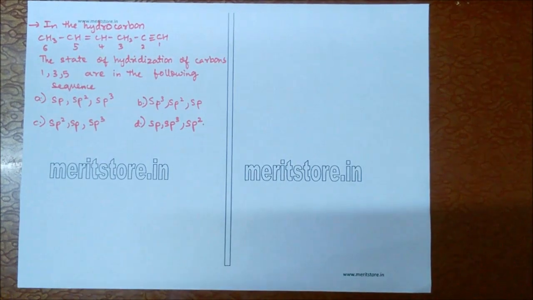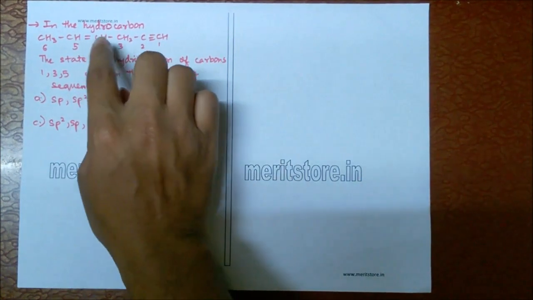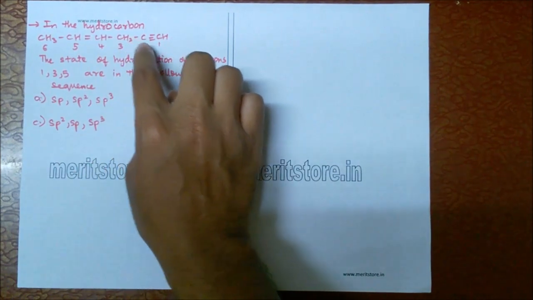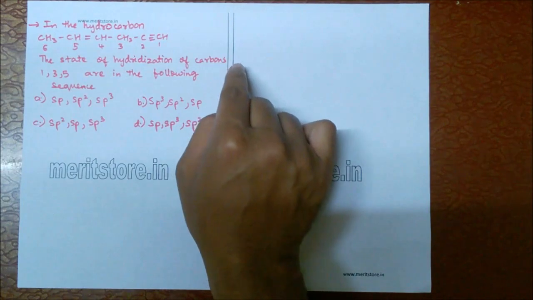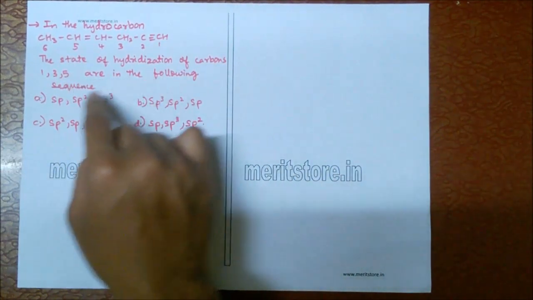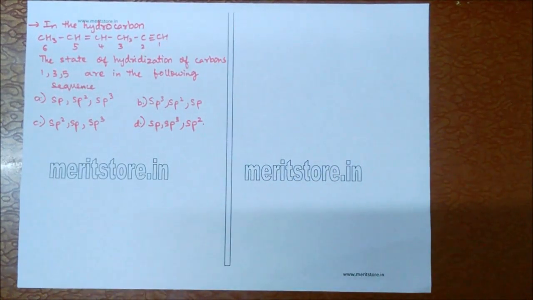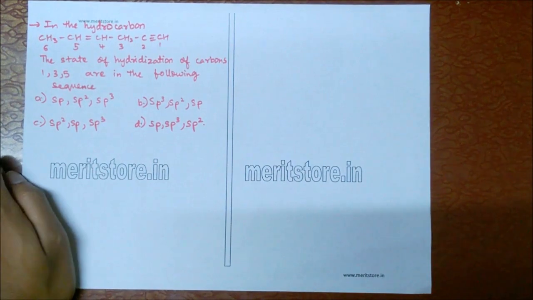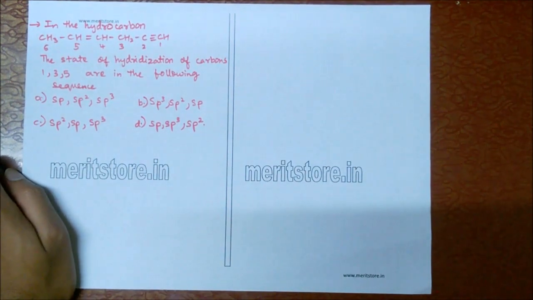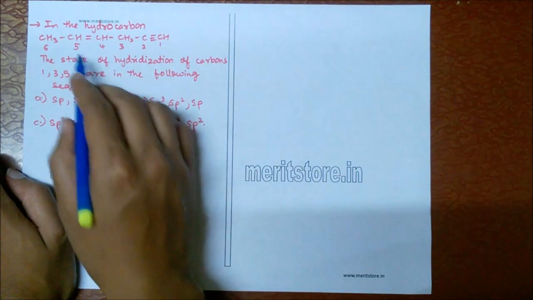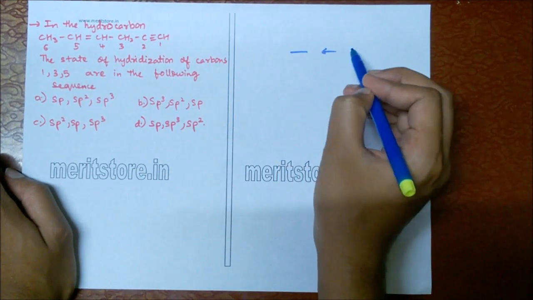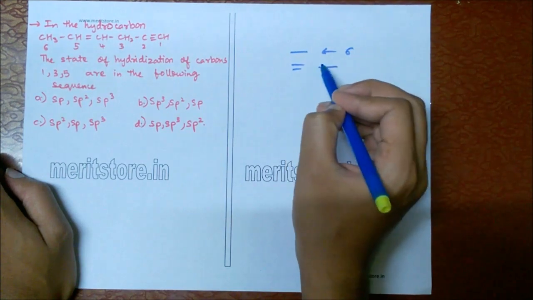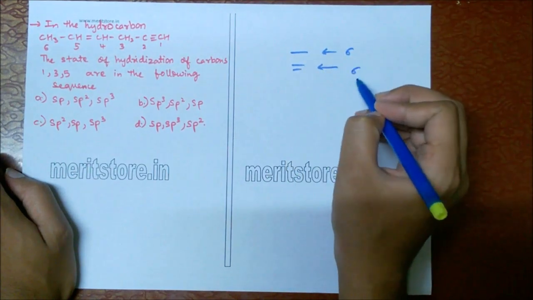General organic chemistry. In the hydrocarbon CH3-CH=CH-CH2-C≡CH, the state of hybridization of carbon 1, 3 and 5 are in the following sequence. For this particular question, the carbons are numbered from 1 to 5. When there is a single bond, it is always a sigma bond. In a double bond, one is sigma and one is pi.